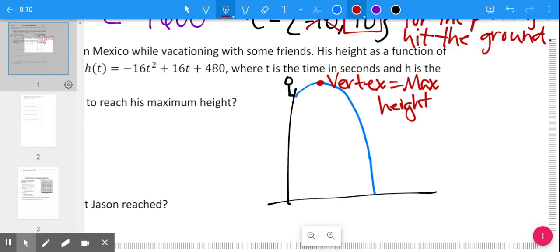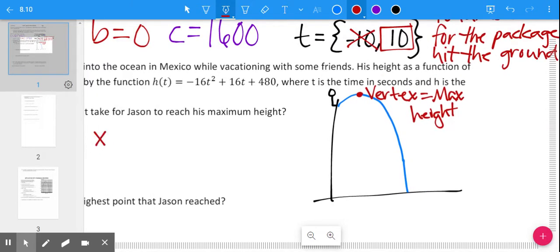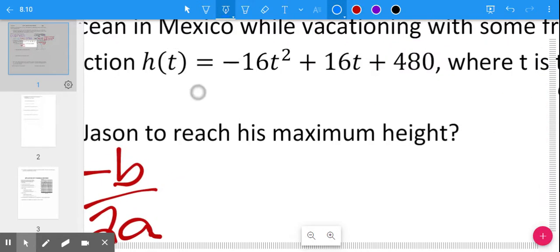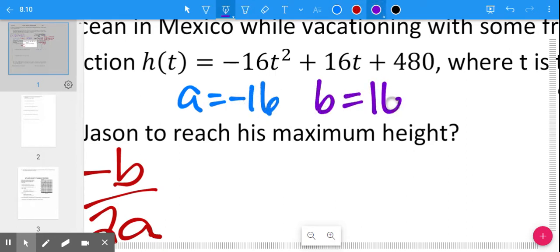So we want to do the x value, your time, is equal to negative b over 2a. So when we look at our equation, we have a is negative 16 and b is 16. I'm not worried about the c right now, but we can go ahead and identify it anyway, 480.